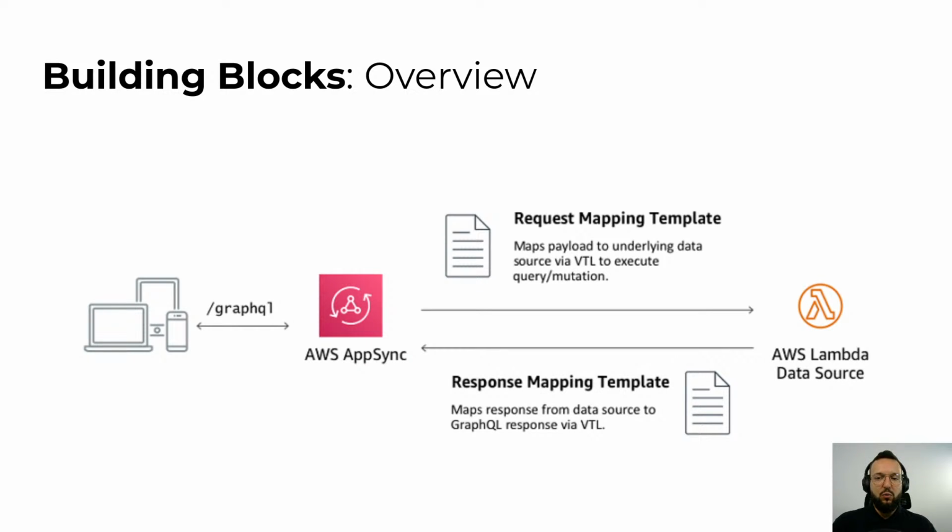However, maintaining those resolvers and request and response mapping templates can be cumbersome, because VTL is not the friendliest language available on the planet. So keep that in mind, and in some cases a good way to handle those resolvers properly will be to offload and delegate the responsibility to a proper AWS Lambda call.